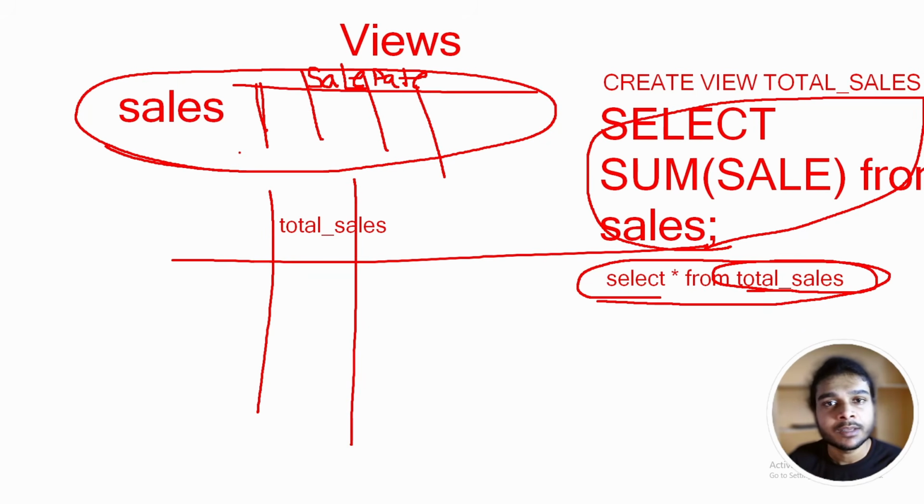Whenever the data in the source table changes, the data in this table will not change. But if you create a view from the source table, every time the data in the source table changes, the data in the view will also change, automatically updated. That is what a view is.